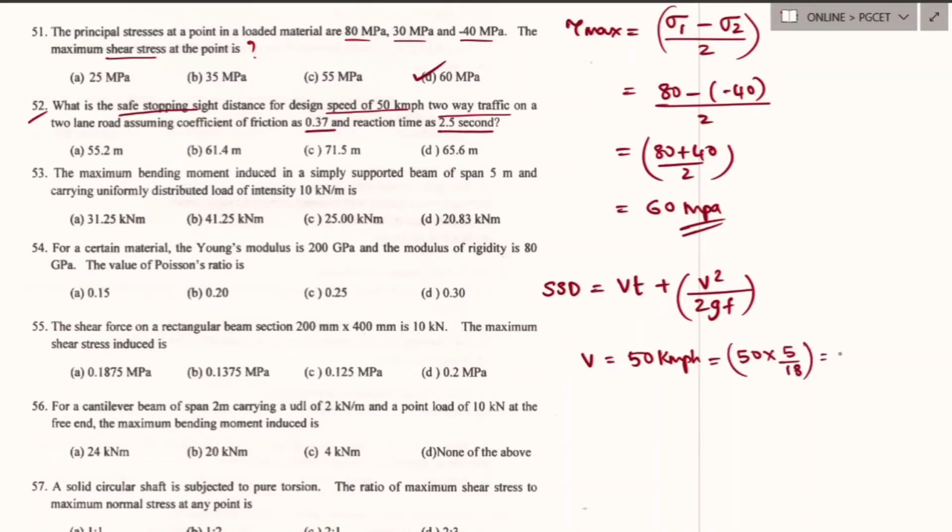So the design speed will be 13.9 meter per second. t is the reaction time, 2.5 seconds. g is the acceleration due to gravity, that is 9.81 meter per second square. And f is the coefficient of friction, 0.37.